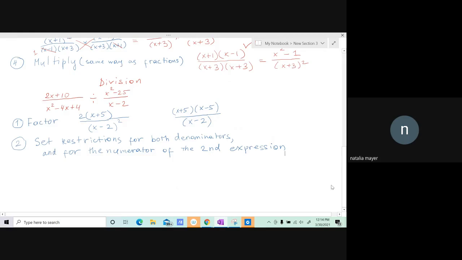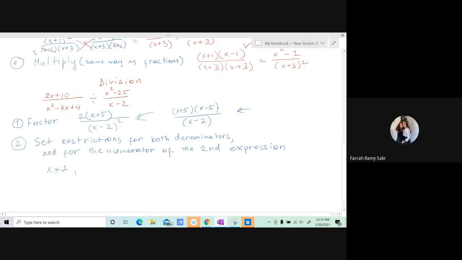Okay, so let's do it. So what are all the restrictions? Of course, you should look here in factored form, because setting restrictions in factored form is much easier than when it's not factored. Selim, if you look at this denominator, what should be the restriction? X cannot be equal to 2? Yes, good. Farah, what should be the restrictions when you look at this numerator?